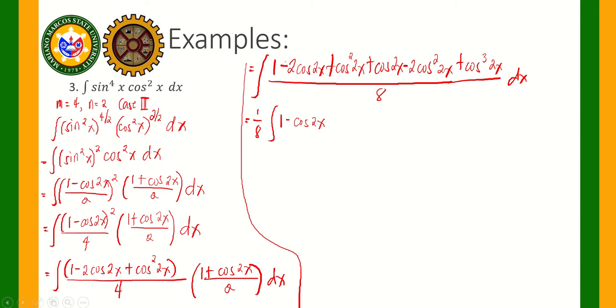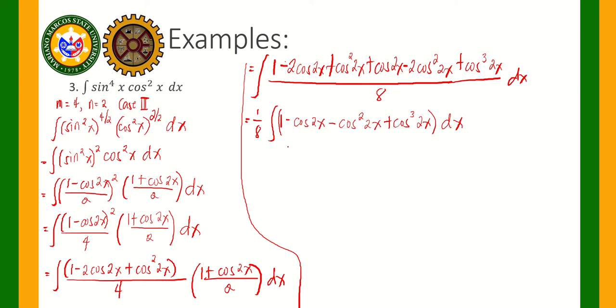Cosine squared 2x minus 2 cosine squared 2x, that will be equal to negative cosine squared 2x. Ayan. And then, copy natin si cosine cube 2x since wala naman siyang ka-like term. And then, dx.